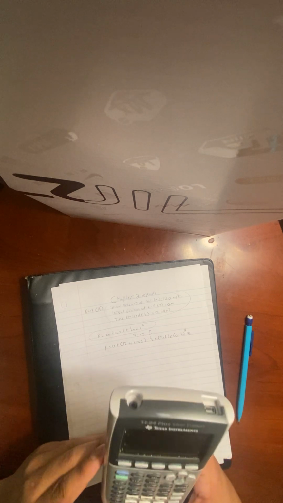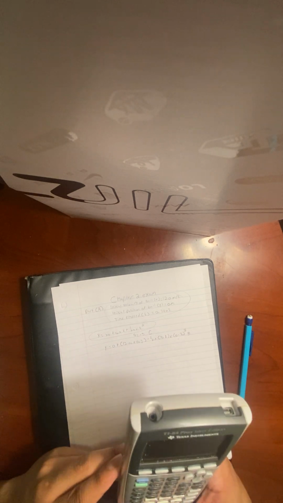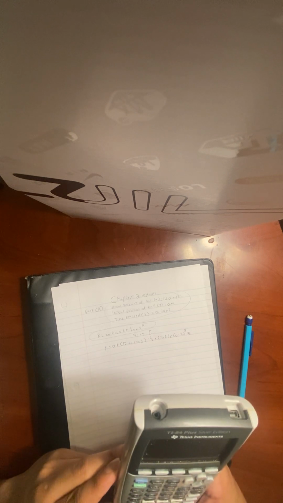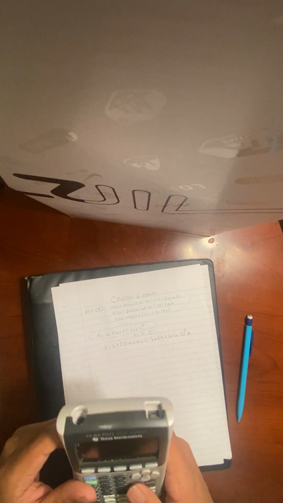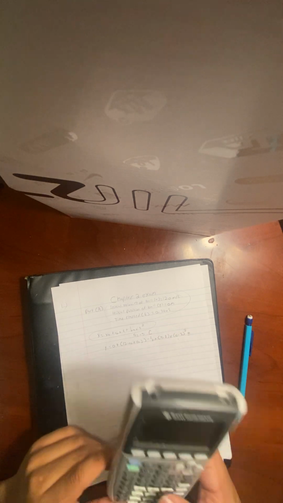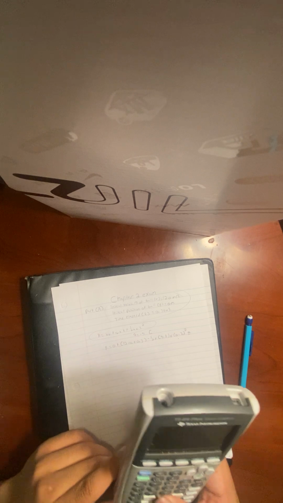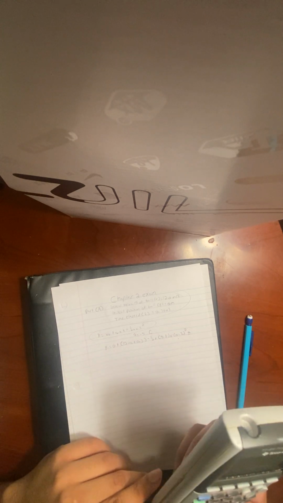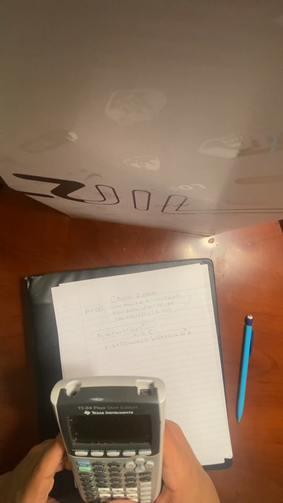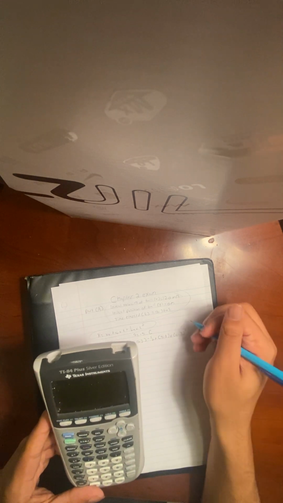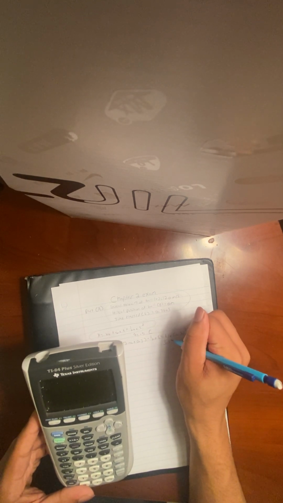Let me get my calculator. 0 plus 12.0 times 0.3 minus 1/2 times 9.8 times 0.3 squared. And for the answer, we should get 3.159.